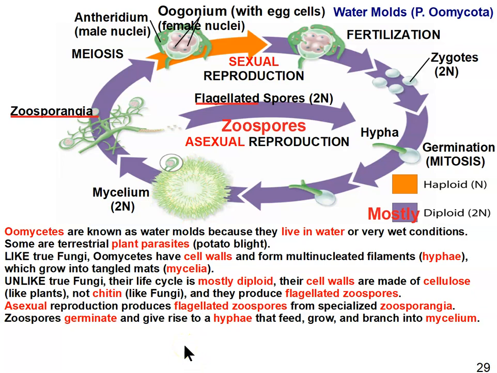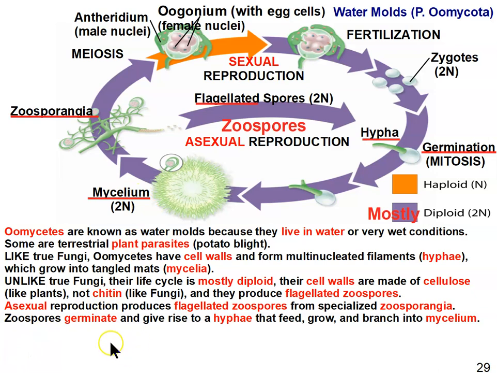When you see mold growing, like the white stuff all over a strawberry that has mold growing on it, that's mycelium. So again, they germinate, give rise to hyphae, and the hyphae grow and branch into eventually a mycelium. Sexual reproduction is completely different than what we see in the slime molds.